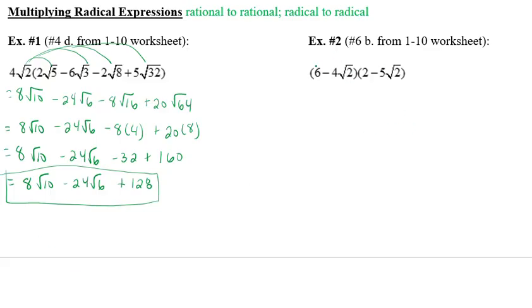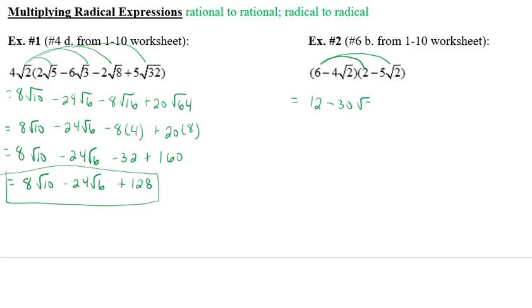So our next one, same thing, we're going to multiply, but this time it's a binomial times a binomial, so we're looking at foiling. So 6 times 2 is our first step, which just gives us 12, because they're both strictly rational. Then 6 times 5 root 2, so the rational part, the 6, goes together with the 5, which is also rational, so we get 30.